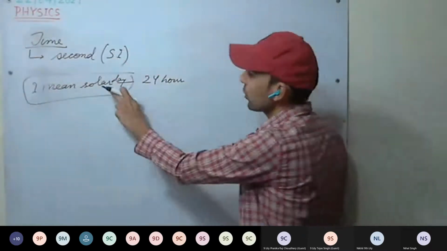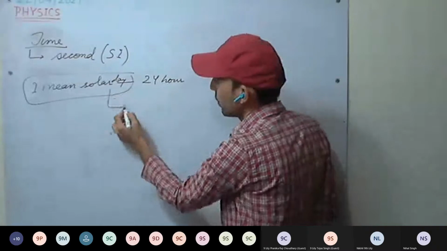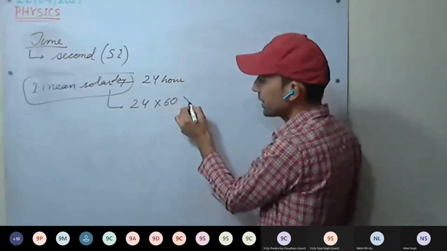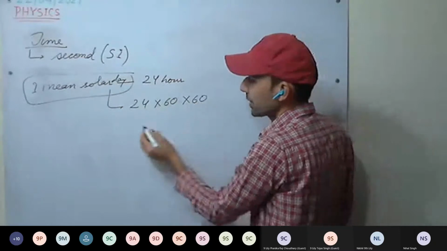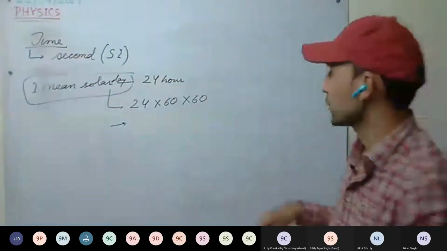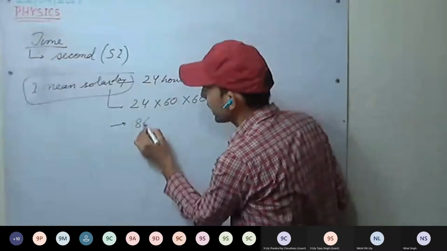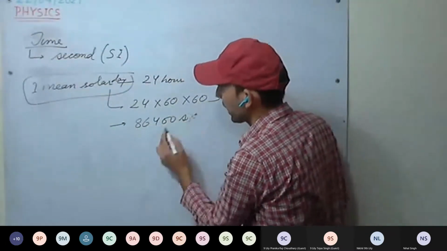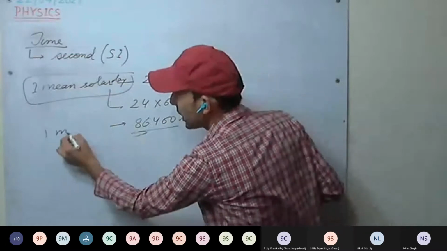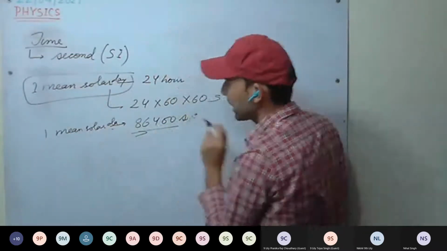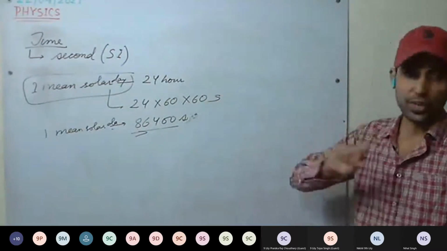So in one mean solar day, how many seconds are there? 24 hours, in each hour 60 minutes, in each minute 60 seconds, and it comes out to be 86400 seconds. So in one mean solar day, these many seconds.